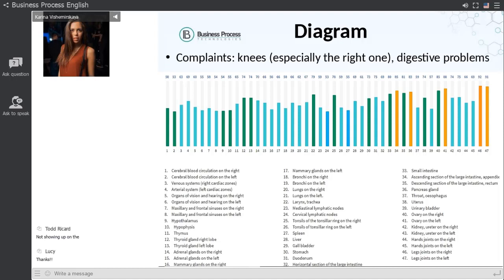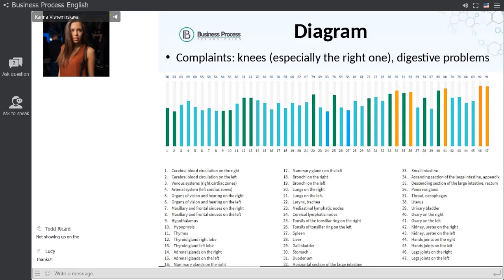When you ask the person before the testing about any complaints, the person can tell you about very serious diseases and problems. Oh, I had problems with the heart, but I had surgery, or I was healed by some other medicine. So right now it doesn't bother me anymore, but I had it, and I want to see if this will be displayed on your rapid test.